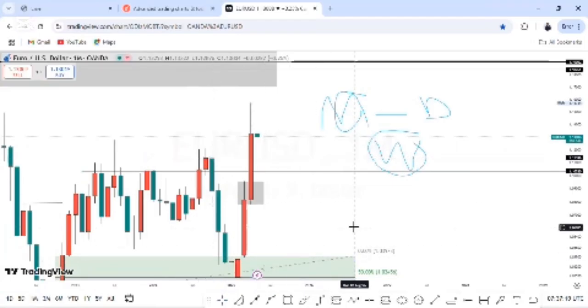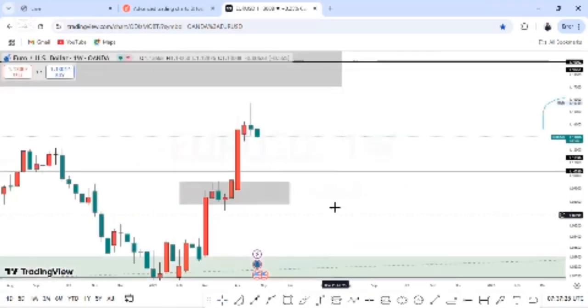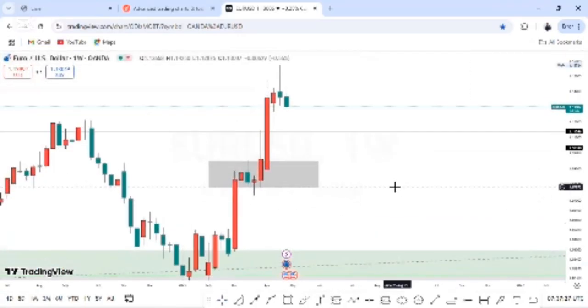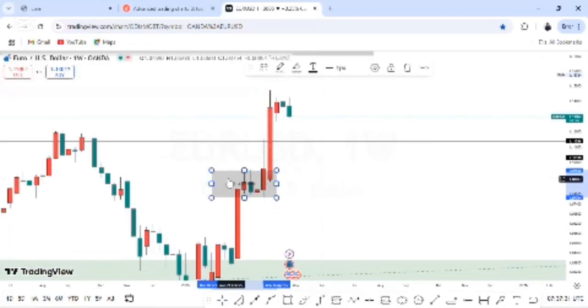According to that FTA, let me go to the weekly time frame before your time frame to see what the weekly time frame is telling me. Something very good. We see the area, the zone that we marked as the conflict zone in the weekly time frame, it is a very real structure.